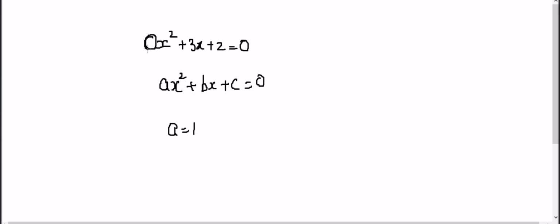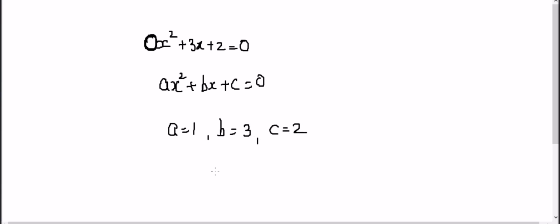If there's nothing here, if you can't see any number like 2, 3, it means it's 1. Don't write 0, because 0 multiplied by x squared will give you 0. So it's not 0, it's 1. So a is 1, b is 3, and c is 2.